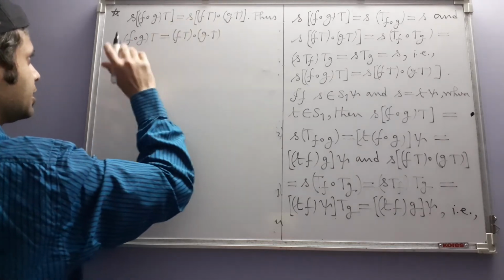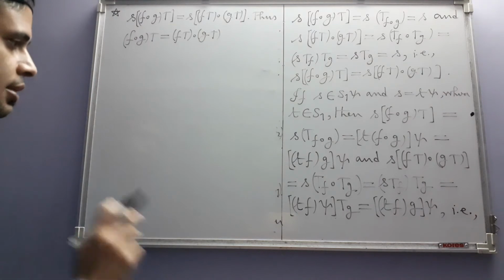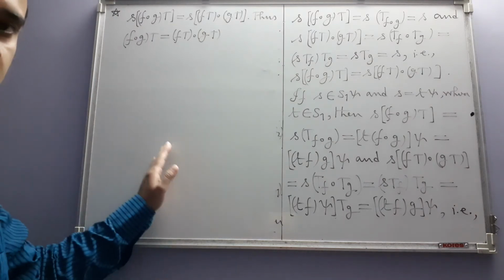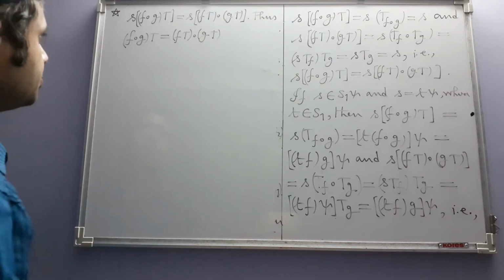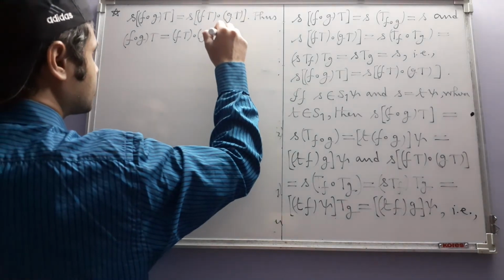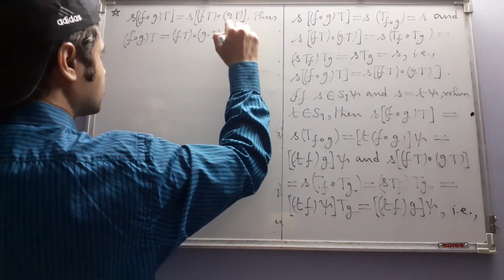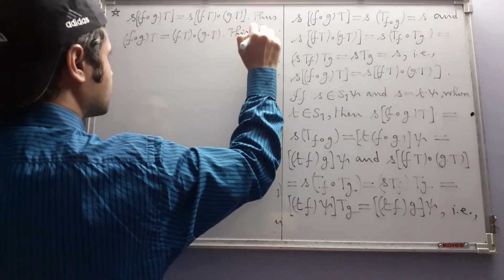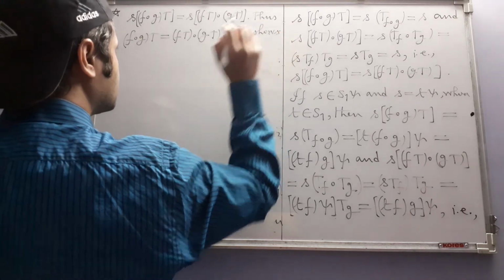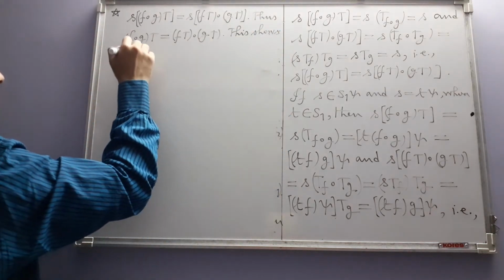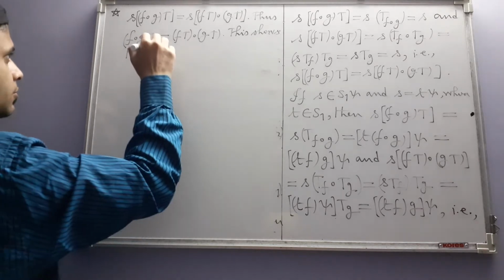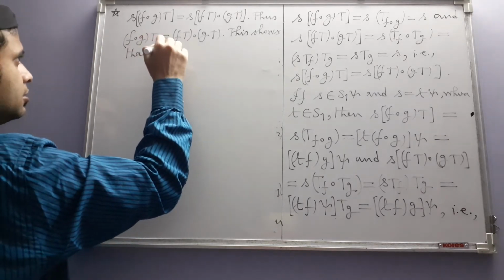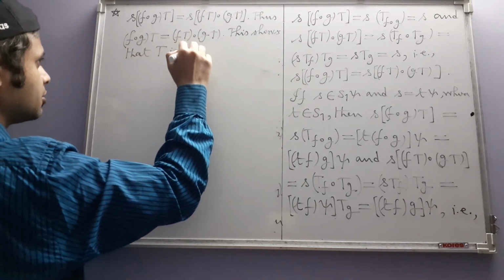Both the left hand side and the right hand side are the same function from S2 into itself. This shows that our function T is a homomorphism.